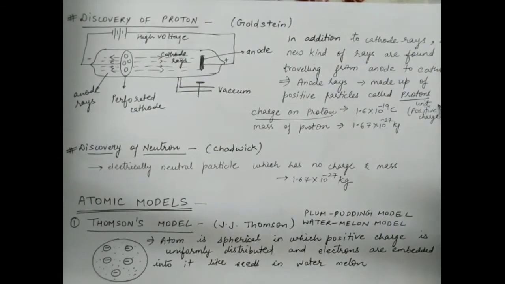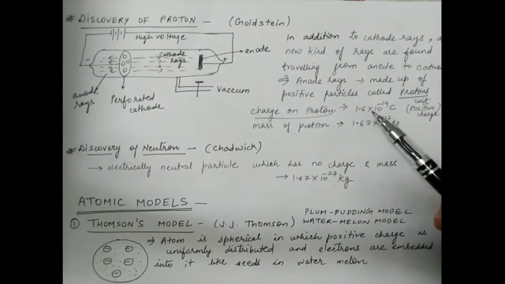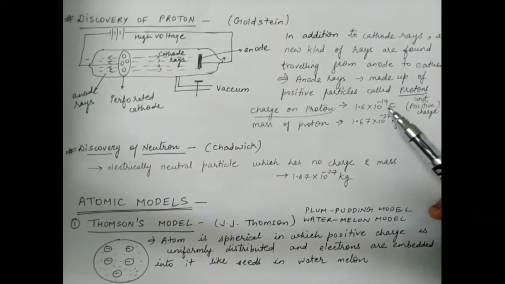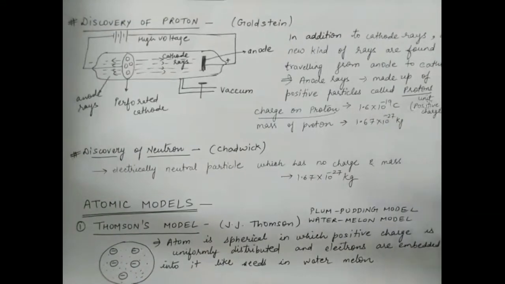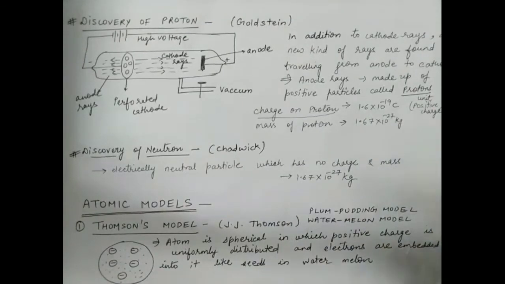Protons are referred to as the unit positive charge. What is the charge on the proton? It is the same as the electron, 1.6 × 10^-19 coulomb, but it is positive, and electrons have negative charge. And what is the mass of the proton? It is 1.67 × 10^-27 kilogram. So this is how your protons were discovered.